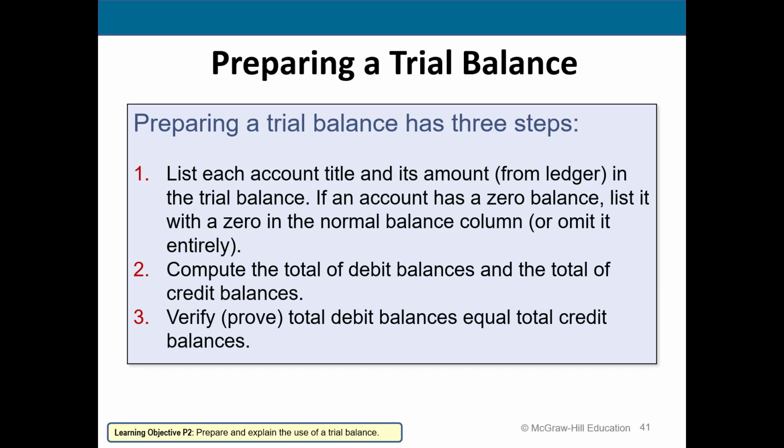If an account has a 0 balance, we can list it with a 0 in the balance column, or we can omit it. Then we will compute the total of the debit balances and the total of the credit balances. And finally, we will verify or prove that total debits equals total credits.